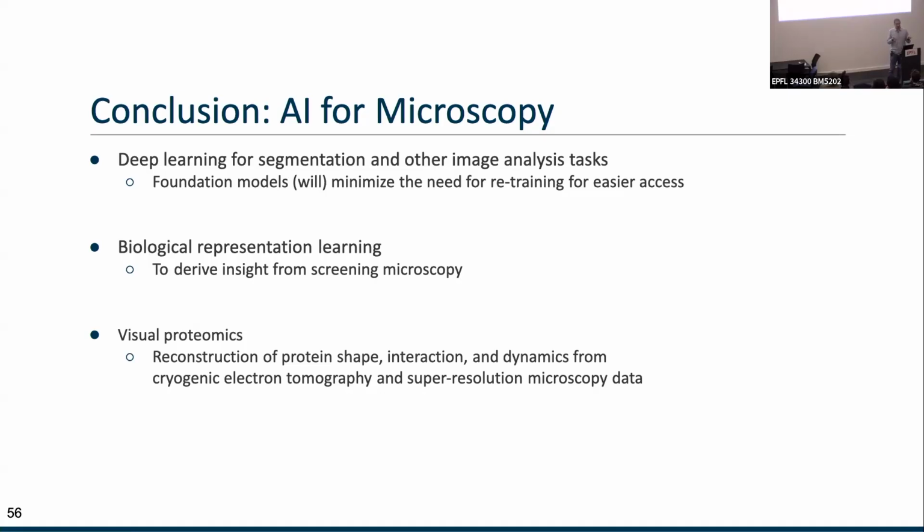And then some of the next frontiers are representation learning, which I'm personally very excited about: once we have segmentation more under control, actually being able to do something with this. And then the last thing I hinted at, visual proteomics, to look at protein shapes, protein dynamics, and interaction through microscopy.